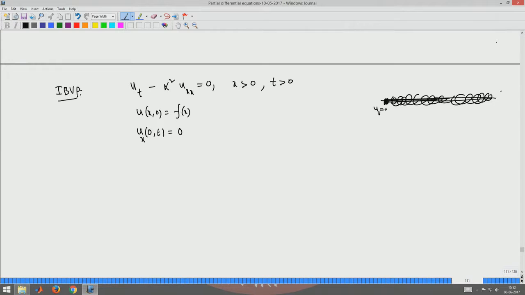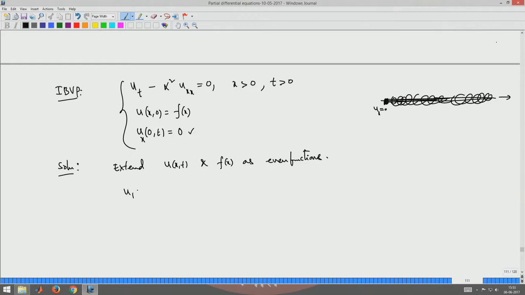So, you have a semi-infinite rod again, and this is the initial value problem. When your boundary condition is like this, what you do is extend u of x, t and f of x as even functions. How do we do this?